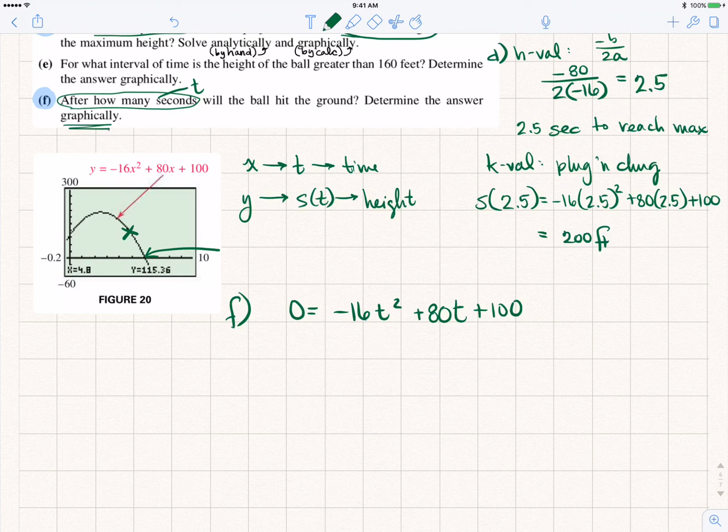So this is where you're going to go to your graphing calculator. You've already learned how to find x-intercepts. So you'll just simply need to find that x-intercept, and the x piece of that x-intercept will tell you the number of seconds that it's going to take for the ball to hit the ground.